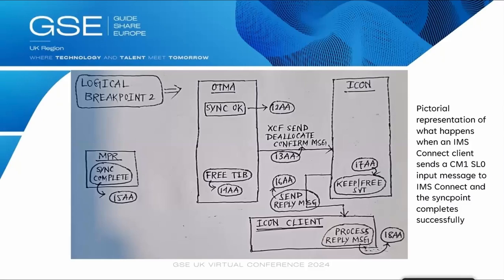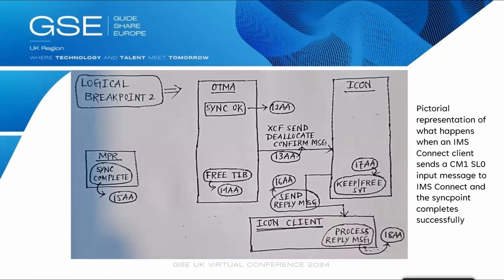So now moving on to 14AA over here, OTMA will delete the TIB control block, but again, not if conversation, and free the input message, right? OTMA frees the disk relative record number, or DRRN, of the message.